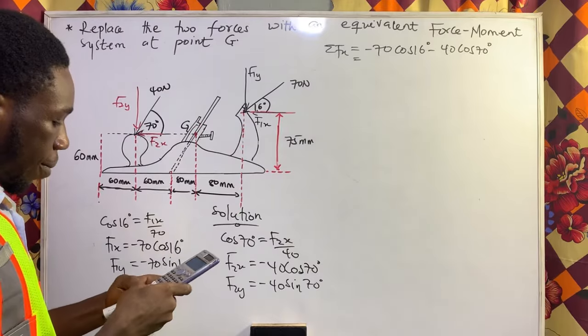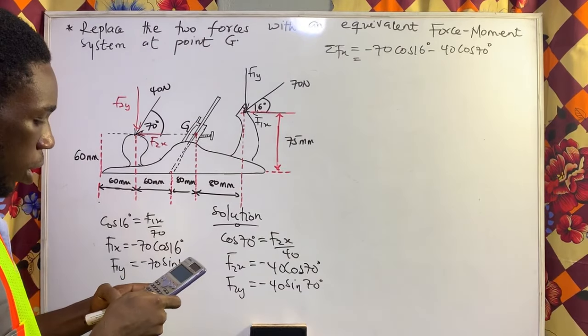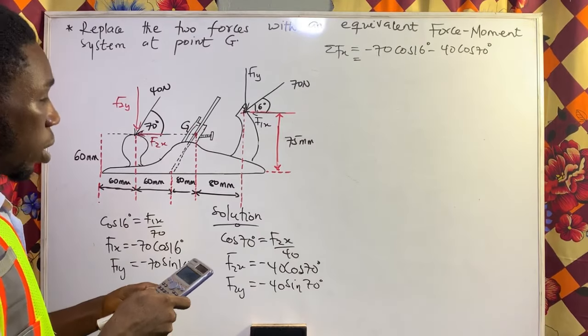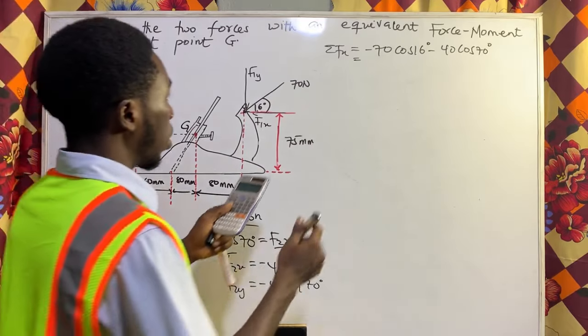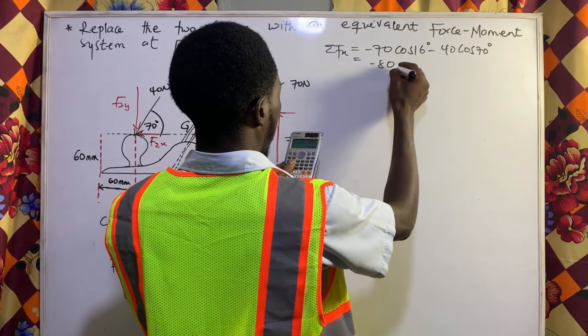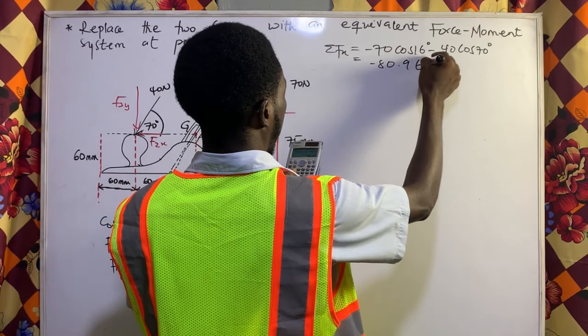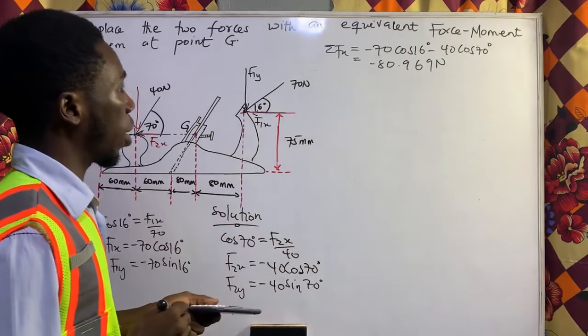So we have minus 70 cosine of 60 degrees minus 40 cosine of 70 degrees. That gives us a value of minus 80.969 newtons. Okay, that's what you're going to have.